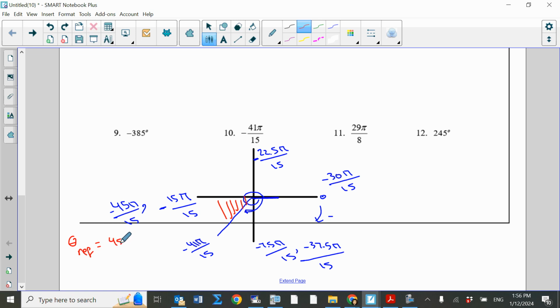So that's going to be 45 pi over 15 minus 41 pi over 15, which is 4 pi over 15. This is our reference angle. And as I said, we're going to ignore the negative because the reference angle is only the distance. It's always positive.